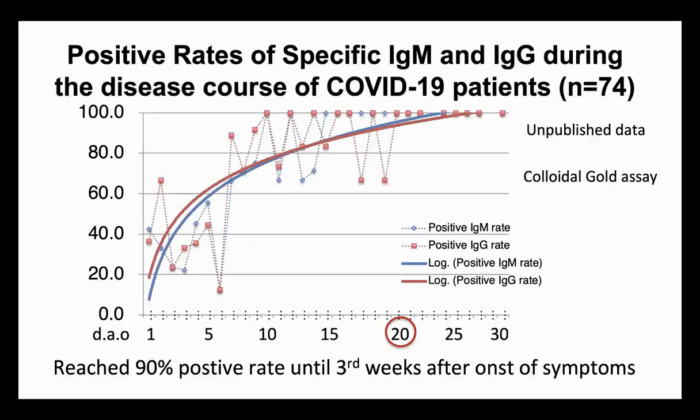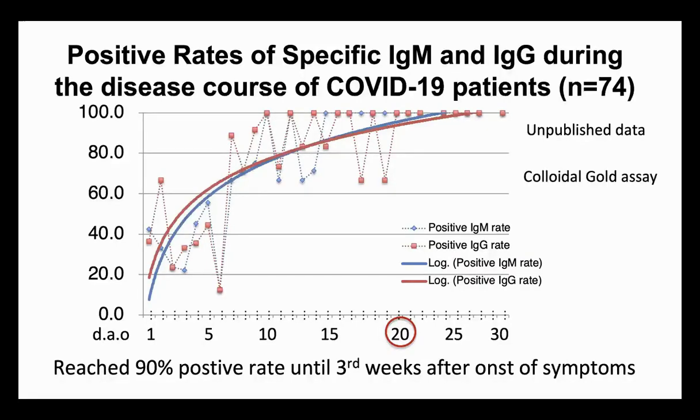So to find whether antibody tests could be an alternative assay for early diagnosis of COVID-19, we recruited 74 patients and consecutively tested their IgM and IgG with immunoassay within 1 month after symptom onset.